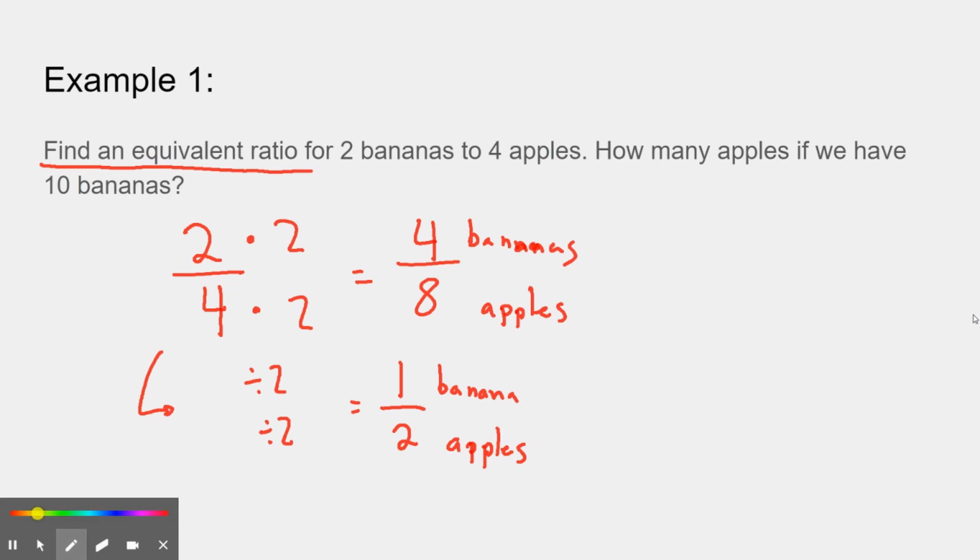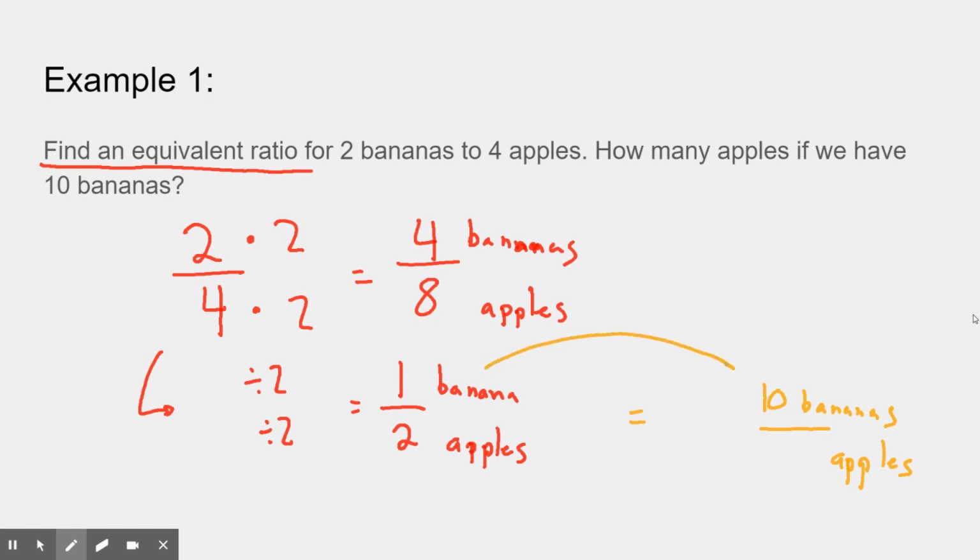Sometimes we need to do something a little bit more in-depth. So for example, if we start off with our ratio of, let's use the second one, 1 banana for every 2 apples, and we want to make a ratio where we would have 10 bananas, and we want to figure out how many apples we'd have, we have to do a little bit of thinking to figure out how we can go from this term to this term.